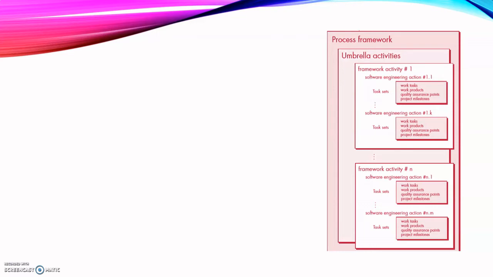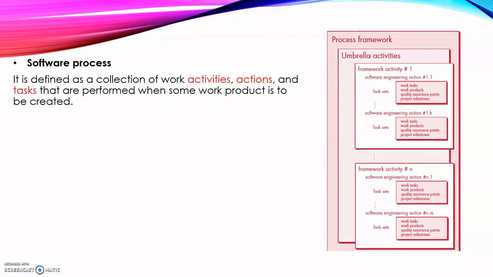What is software process? So, software process is a collection of work activities, actions, and tasks which are being performed to get a work product. Each of these activities, actions, and tasks reside within a framework or model that defines their relationship with the process and with one another.